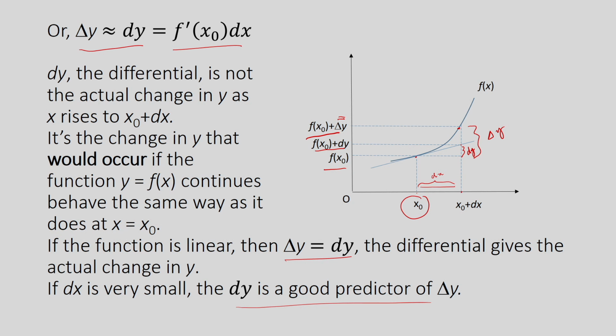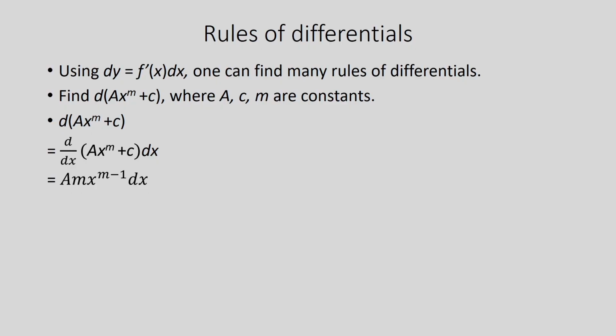Differential, which is given by dy, it gives you the change in y, right, around a particular point, right, it has to be evaluated at a particular point if the function behaves like the tangent at that particular point. Okay. So, that is about differentials, and here are certain rules of differentials.